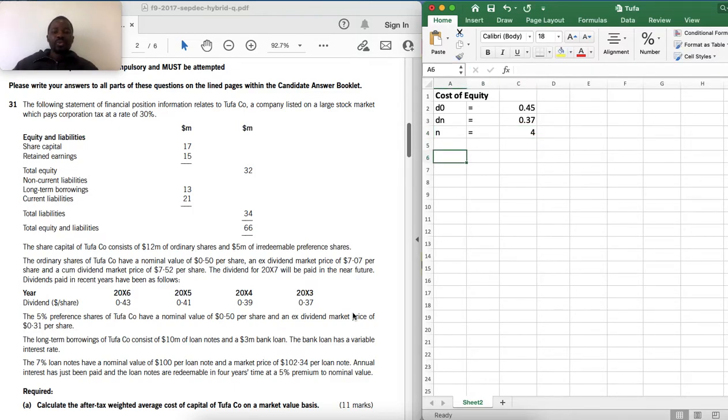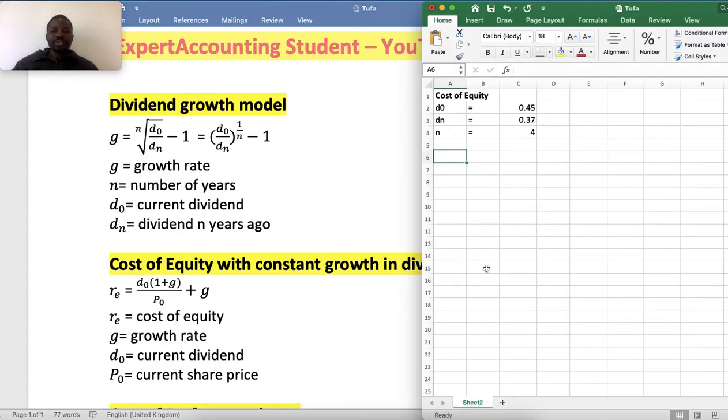Now we apply this to our formula. Let me open the formula so that we apply it. We have our G here, which is equal to, using this second formula, open bracket D0 divided by Dn, to the power of, open the bracket, 1 divided by N, which is 4, all minus 1.